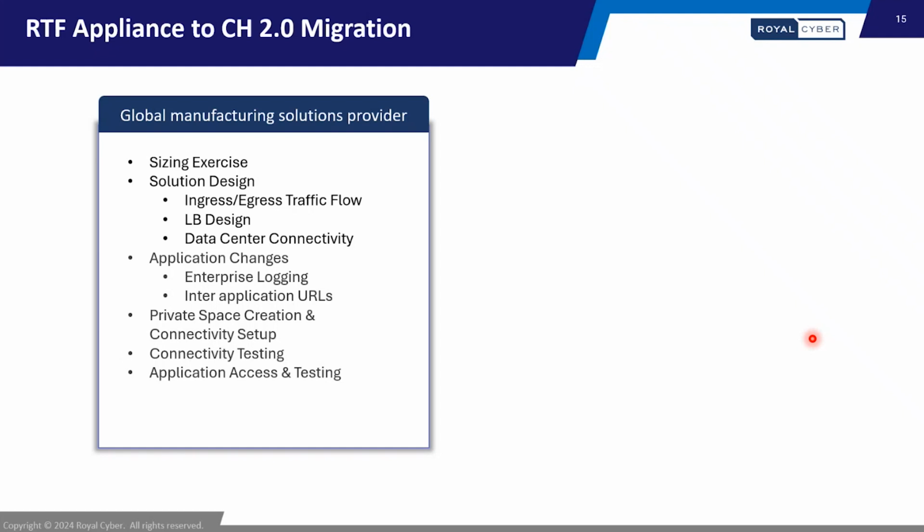Then there were different solution design questions that we needed to focus on. Since the client opted for CloudHub 2.0 and they were connecting to their on-prem data center, they had a preference that they don't want to route traffic directly to CloudHub 2.0.